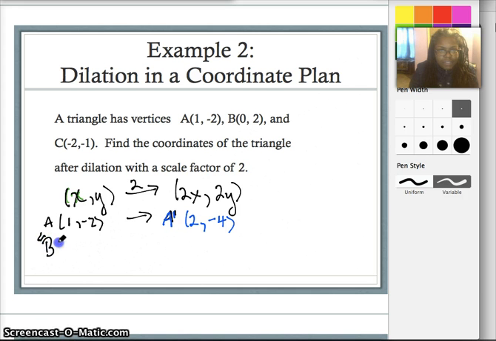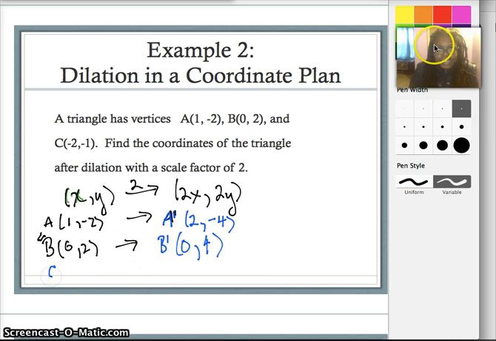B is given as (0, 2). Therefore, B prime would be (0, 4), because 0 times 2 is still 0, but the 2 becomes a 4.